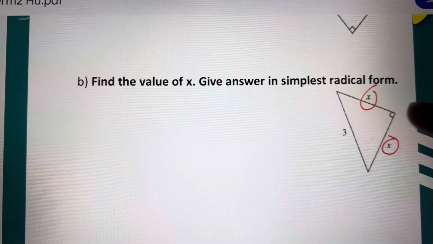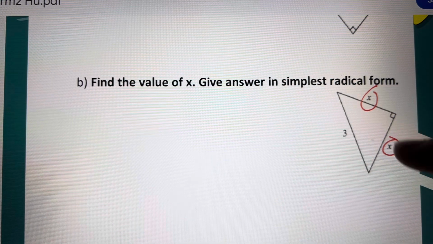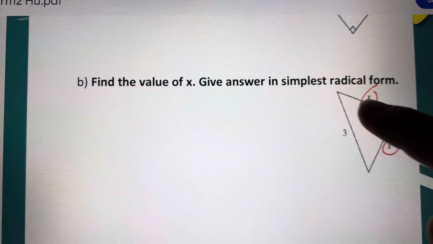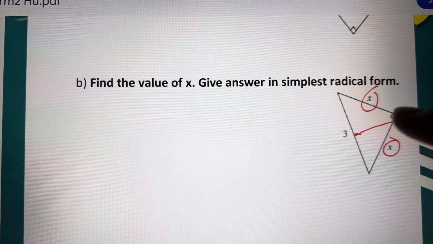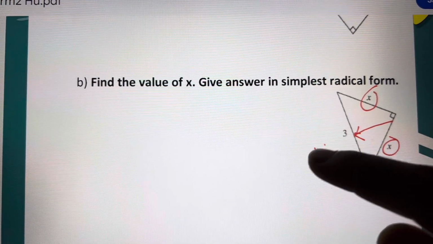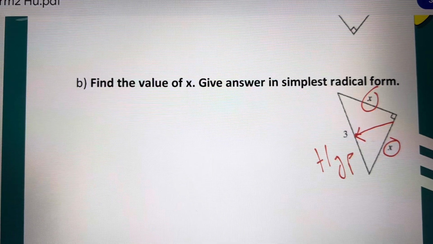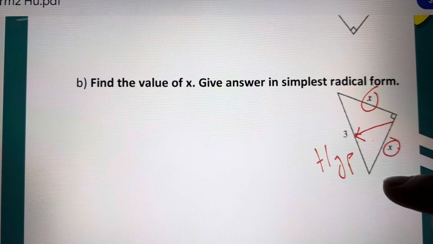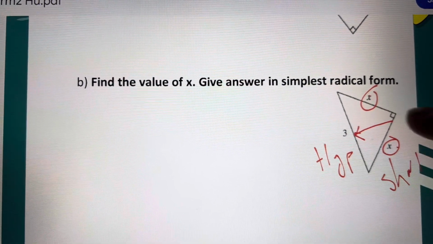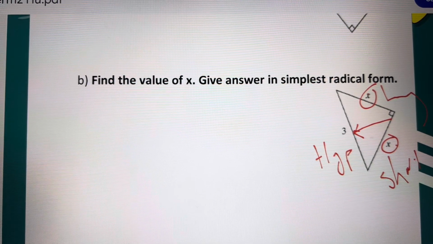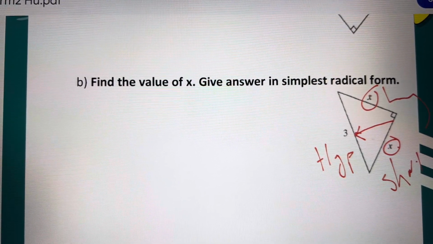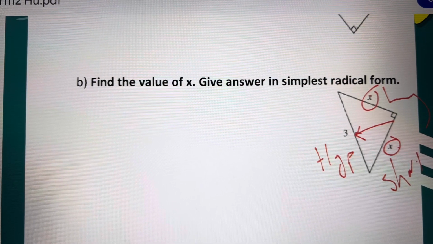So if one of them is 90 here and two sides are the same, that means 45 and 45. The one opposite to the 90 degrees is the hypotenuse, and the other two will be the short side and the long side.